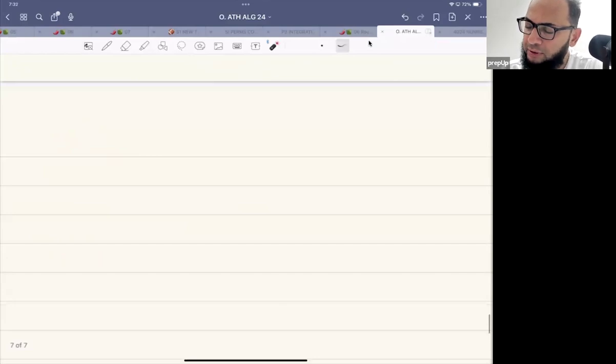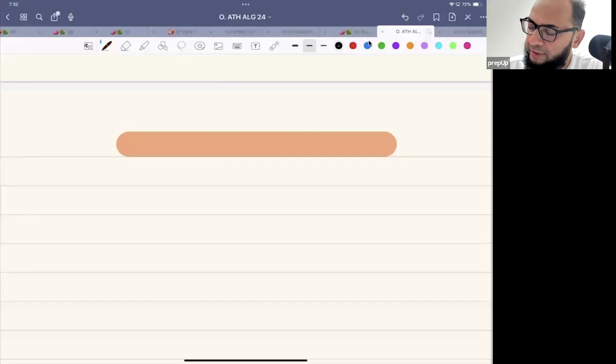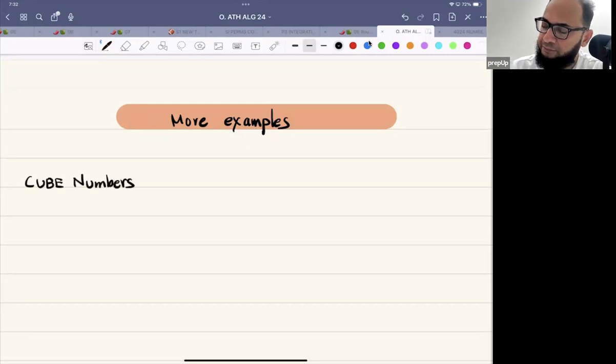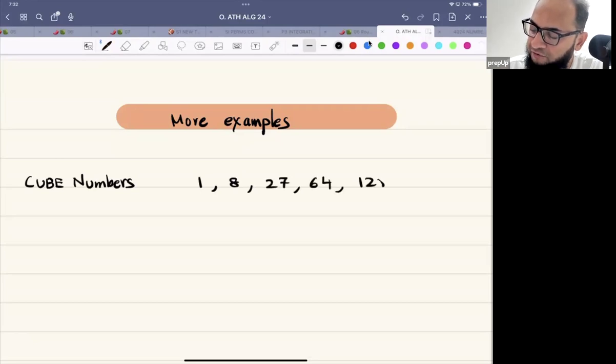Let me talk about some other sequences. So let me write over here more examples. Something like cube numbers. So if I talk about cube numbers, let's say 1 cube is 1, 2 cube is 8, 3 cube is 27, 4 cube is 64, 5 cube is 125, 6 cube is 216. Let me write it down.